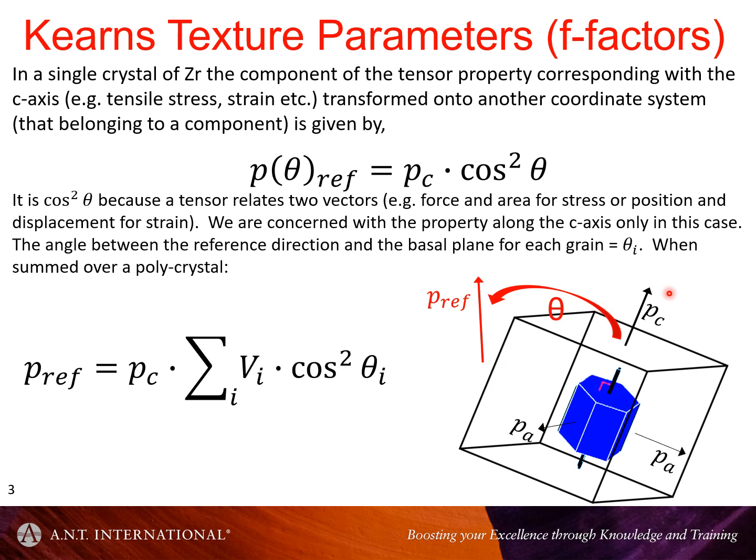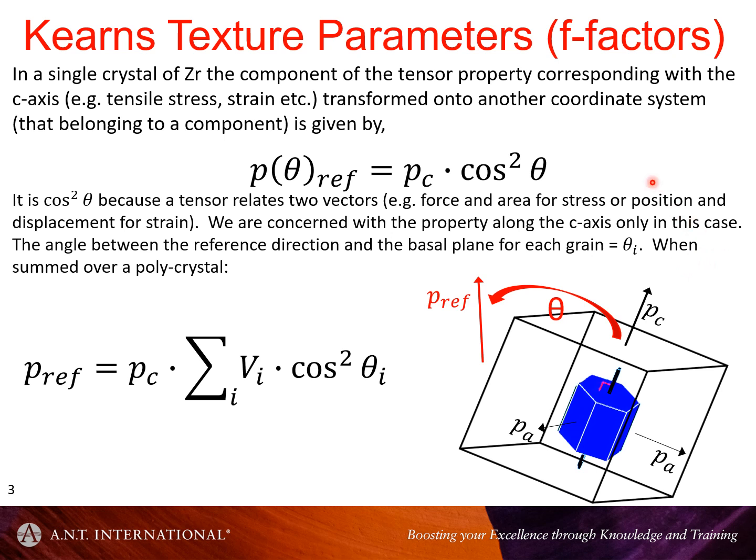Now, he's only looking at one part of it, so he's only extracting one small part of the more complex system of equations one would need to transform all of the tensor components into a different axis system. So we're going to focus in this particular instance on the tensor property which is parallel with the c-axis. Now, this could be a strain, or it could be a stress.